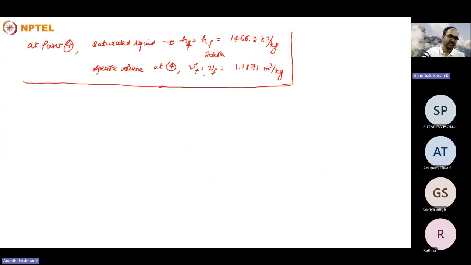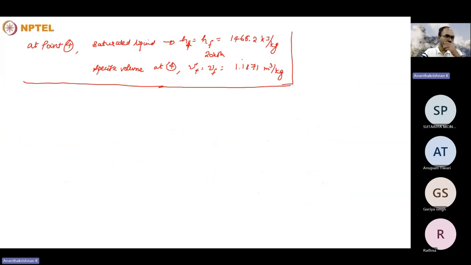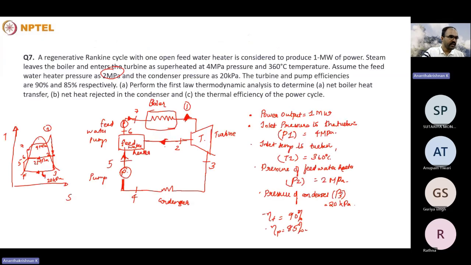So the specific volume we can take to be the same. We multiply it by the pressure difference, which will give the work done in the process. The specific work will be equal to the change in the enthalpy in the process. From that, we can get the enthalpy of state point 5. That is one way that we can calculate the point 5 enthalpy.